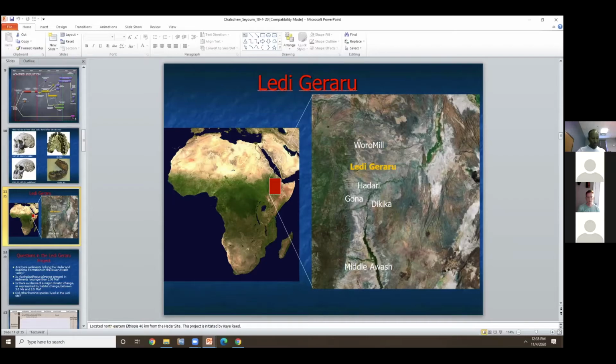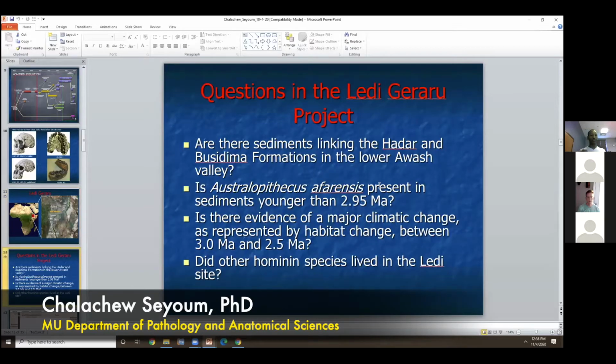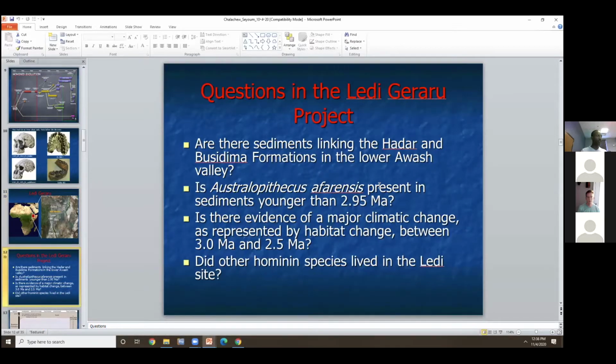I wasn't the person who started this project, but this project has been going for many years. They started asking questions like, if there is sediment somewhere in Ledi-Geraru, and I will come back to these names, the Hadar and Busidima Formations in the Lower Awash Valley.